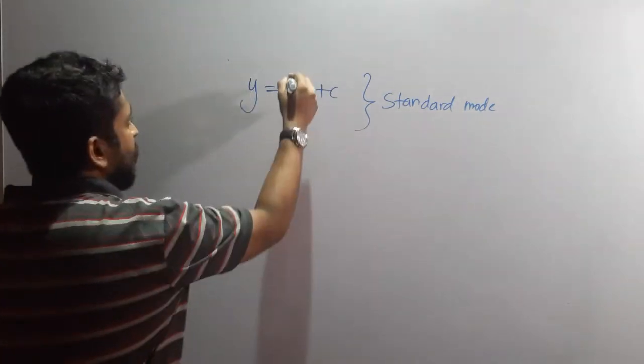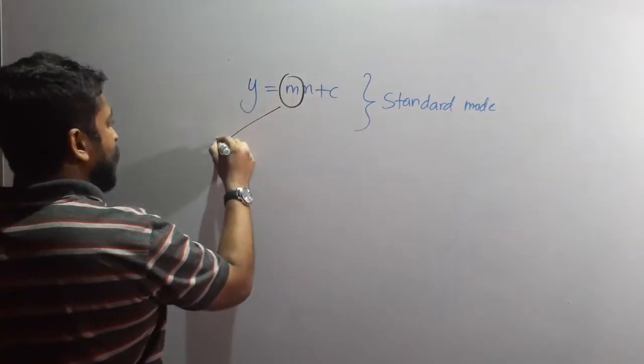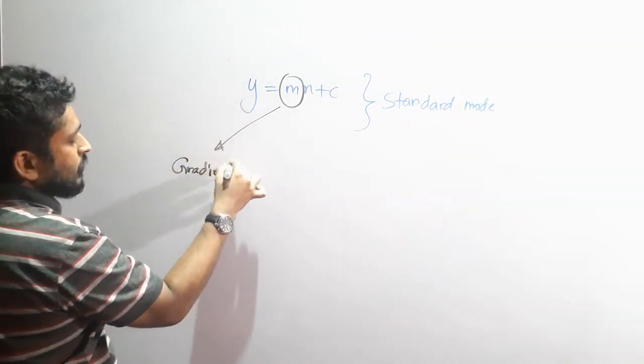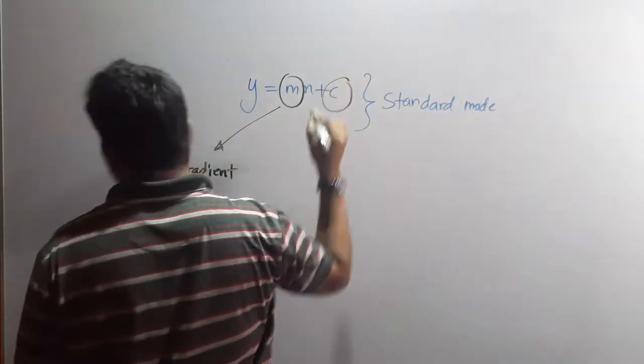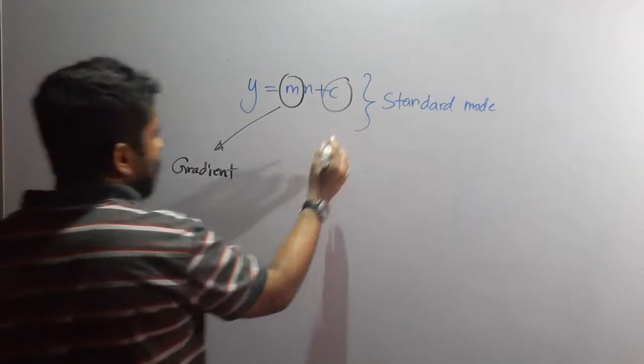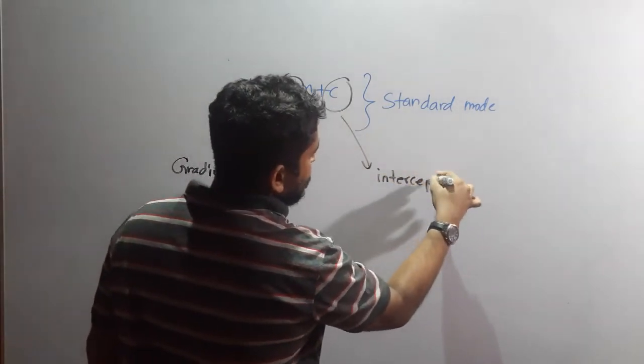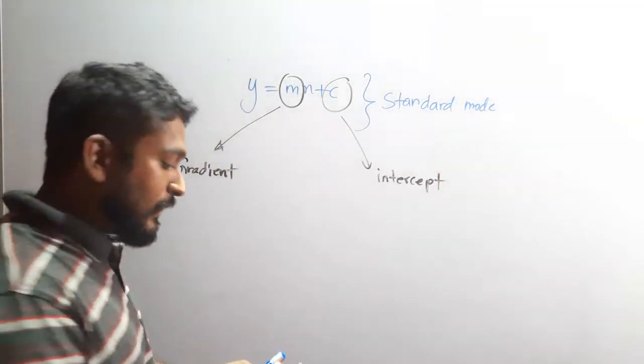It is for the gradient. We will describe them one by one. c stands for the intercept. It is for the intercept.